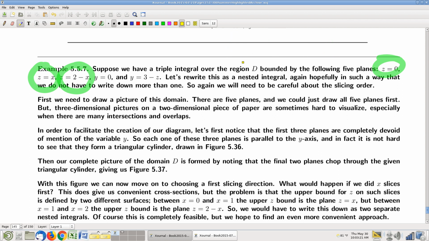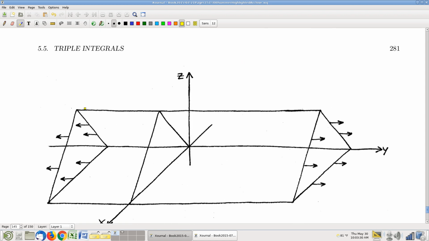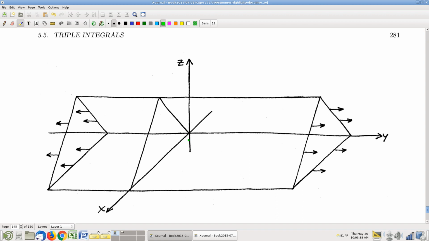Okay, so what we're going to do then, I'm going to draw these 3 planes first. They're all parallel to the y-axis. That means that I can understand them simply based on how they intersect in the xz plane, and then just kind of drag along the y-axis. So, for example, the plane z equals x.